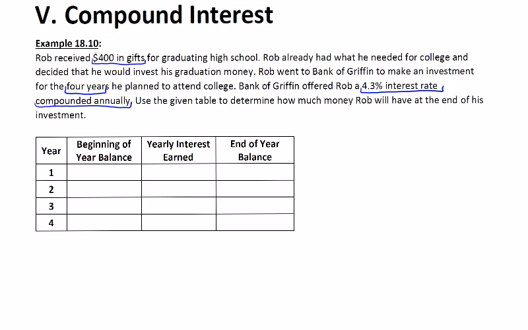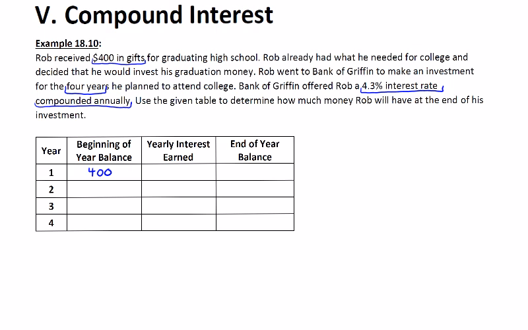So at the beginning of year 1, there will be $400 in Rob's bank account, or his investment account. And then at the end of the year, the bank is going to give him a gift of more money. Because what Rob has done is let the bank borrow his $400 for a year.